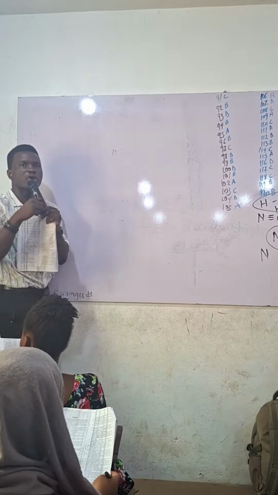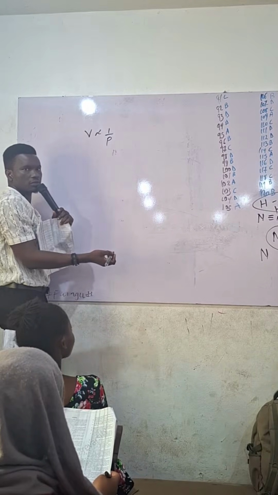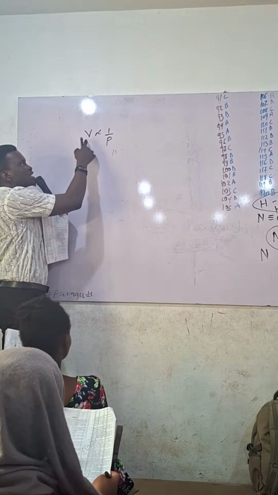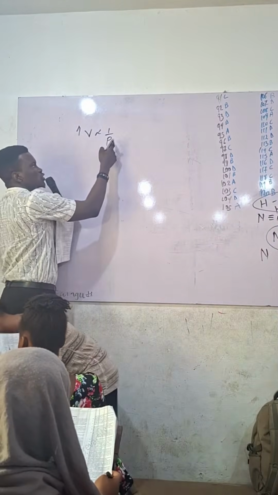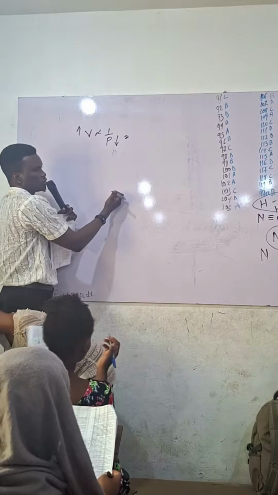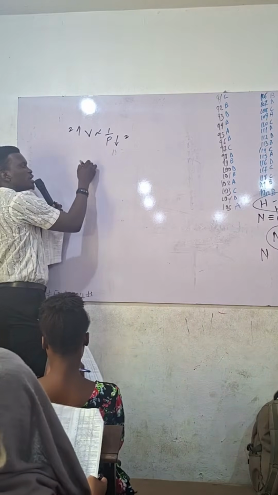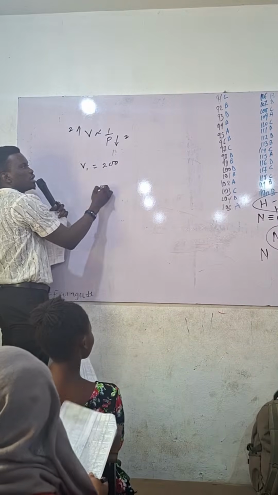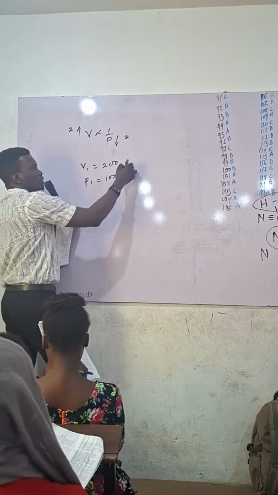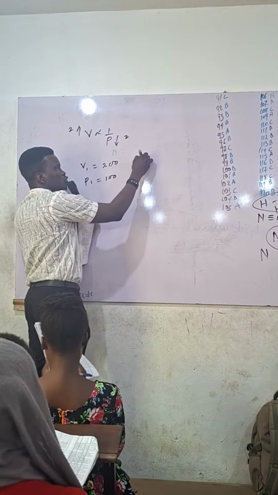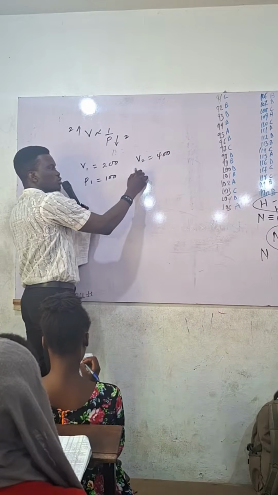You remember Boyle's law? Boyle's law is V is inversely related to P. Meaning that if you double P, this one will reduce by 2. So if P1 is 100, and if P2 is 400, then that means that this P2 is going to be what?